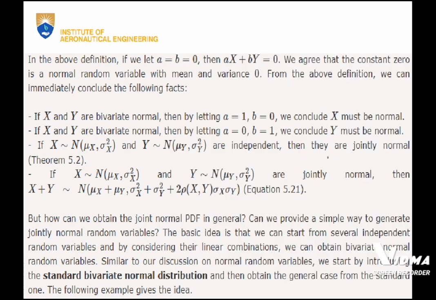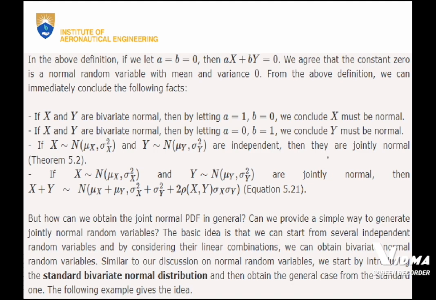But how can we obtain the joint normal PDF in general? Can we provide a similar way to generate jointly normal random variables?